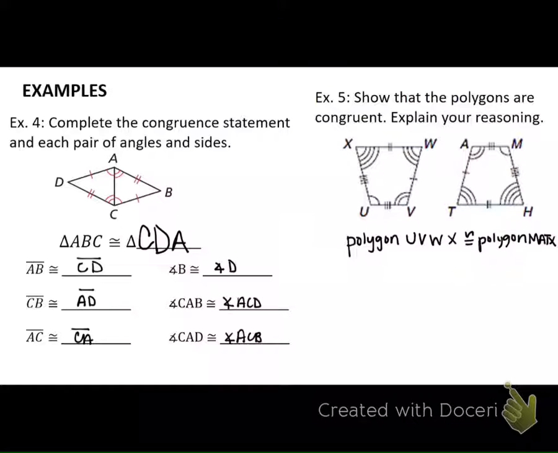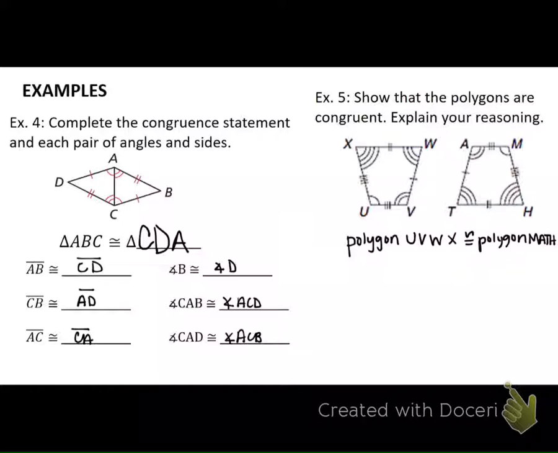Okay. Or should that be an H? It does. I think I didn't make this one, so probably yes, let's be honest. All right, so does this make sense? Are UV and MA congruent? Are VW and AT congruent?